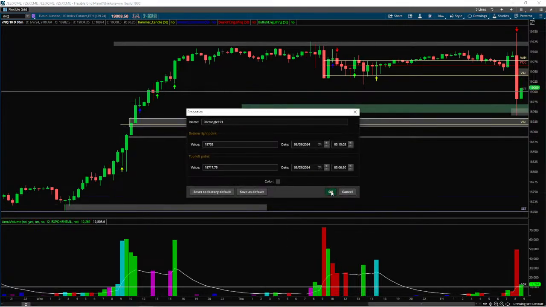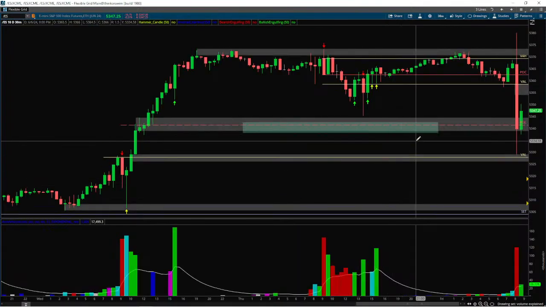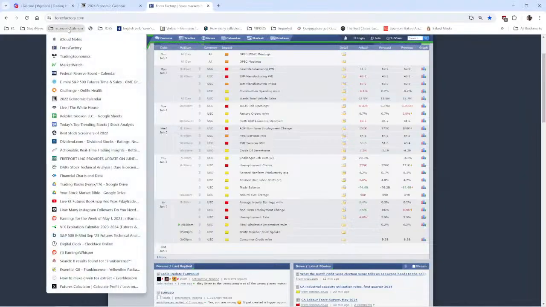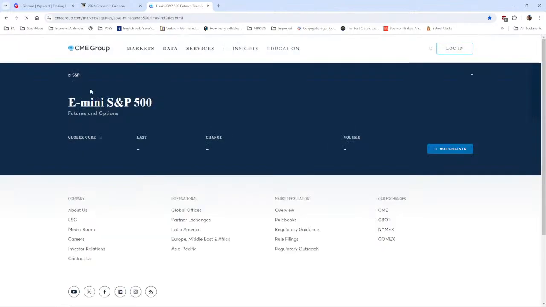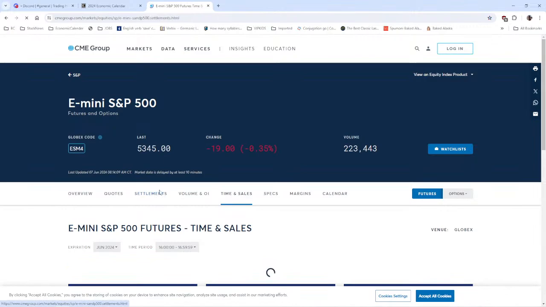Okay, all right, so now we're going to add our settlement price, and we're going to add our ADR, and then we're going to do our VIX afterwards to see where exactly we're trading as per VIX, if we should be looking for long or short, because VIX does give me a pretty good idea of how price may move.